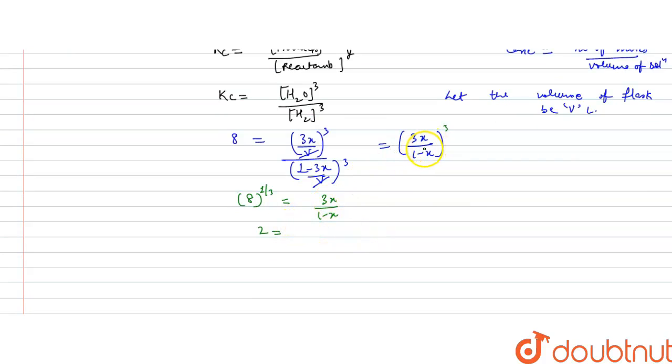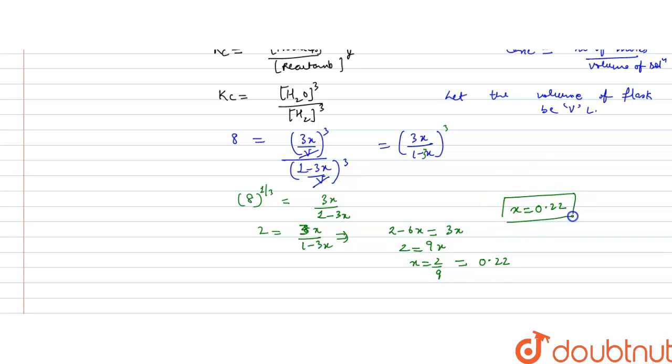So this will be 2 equals 3x divided by 1 minus 3x, which on cross multiplying is 2 minus 6x equals 3x, or 2 is equal to 9x, and x equals 2 by 9, which is 0.22.